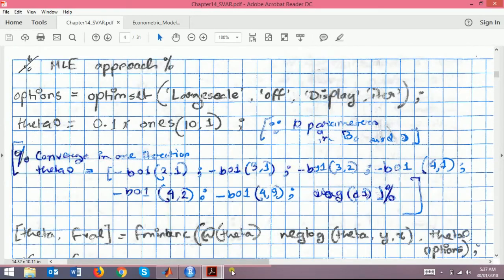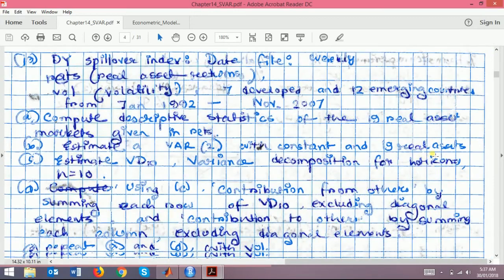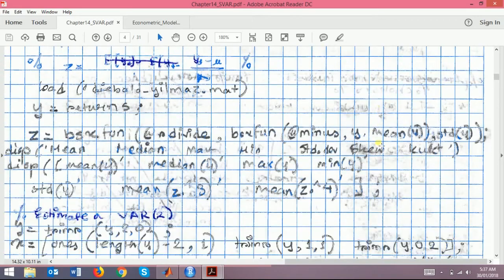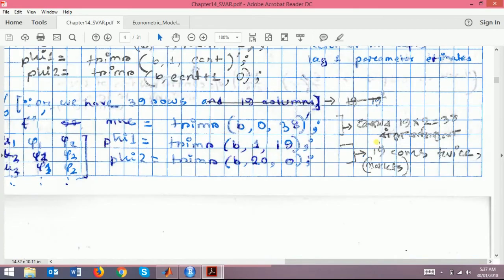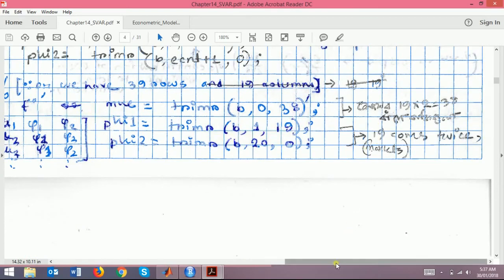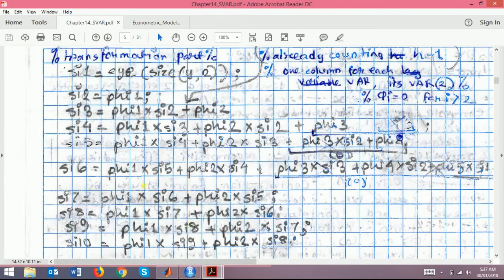We played with B, and it's better we talk about one specific equation where we transformed our parameters with psi 2 equals phi 1, then psi 3 equals phi 1 psi 2 plus phi 2, right?